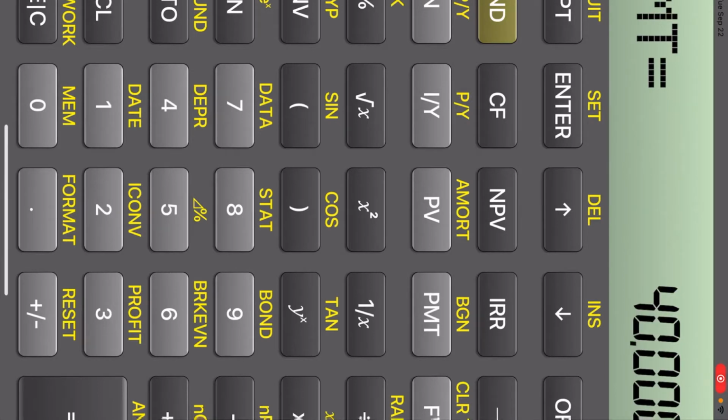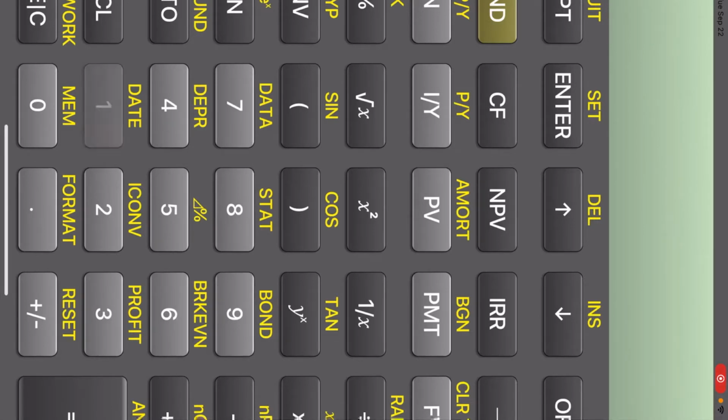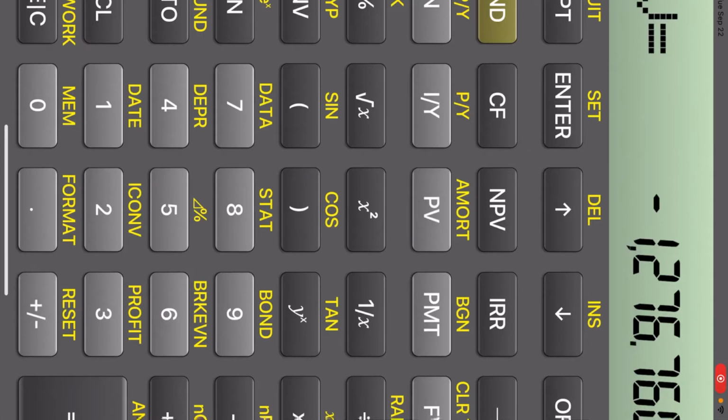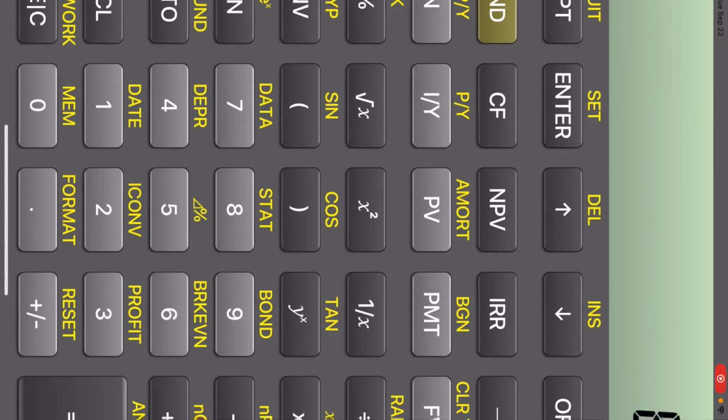And what about the present value? Oh, that's what we want to solve, right? Present value is 1276.76. Remember, you have to use this minus sign here, right? So that's our present value. And number of periods, well, we have 60 periods, right? Now we have punched in all 4 inputs.